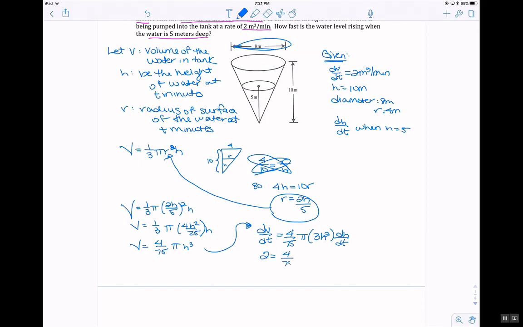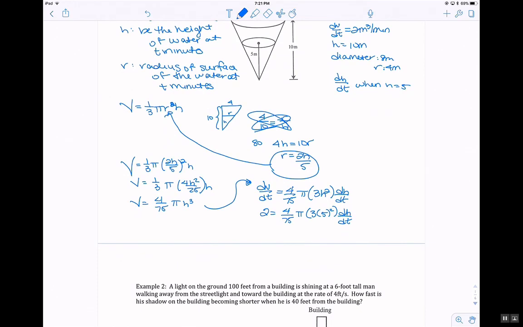Okay, so my dV dt is equal to 2, so 2 is equal to 4 over 75 pi, and then 3, my height is 5 squared, and then dH dt. And now all I have to do is isolate dH dt.